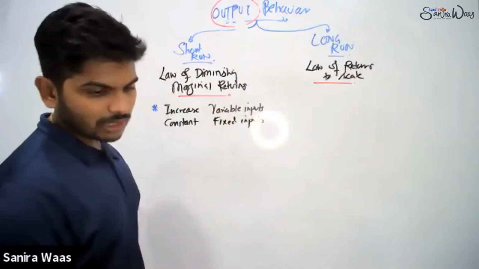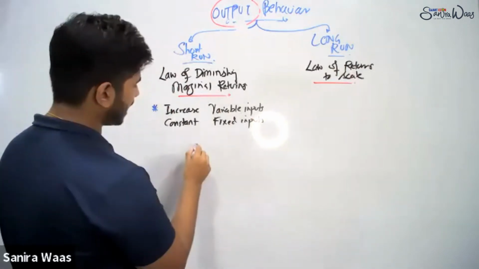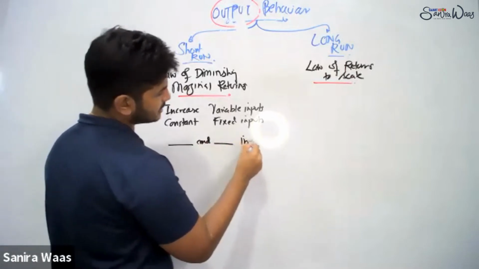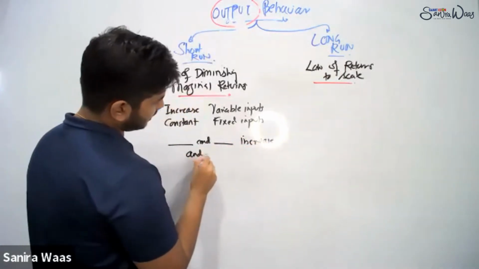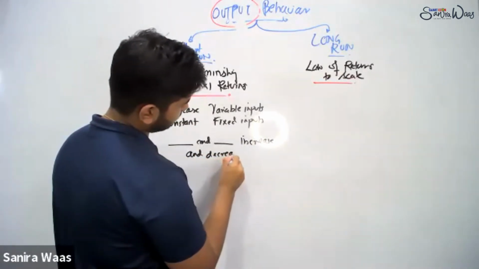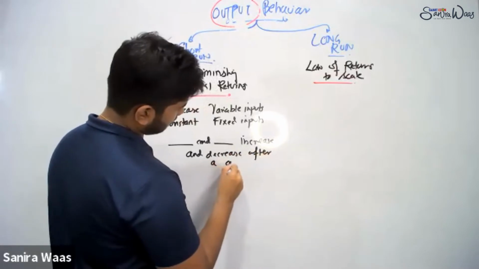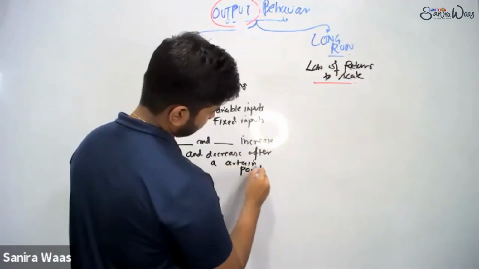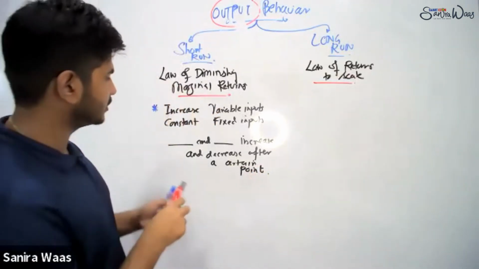Sorry, then what would happen? Something increase, something and something increase and decrease after a certain point. Right. Hari, what is this blank about?